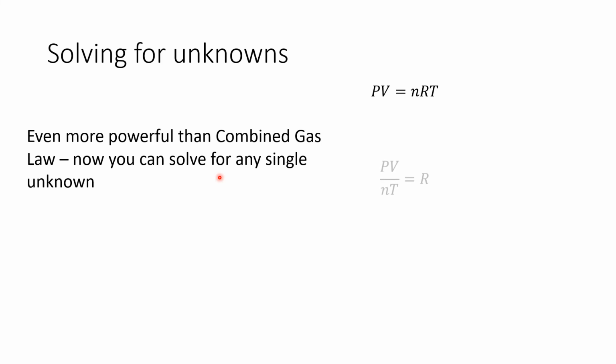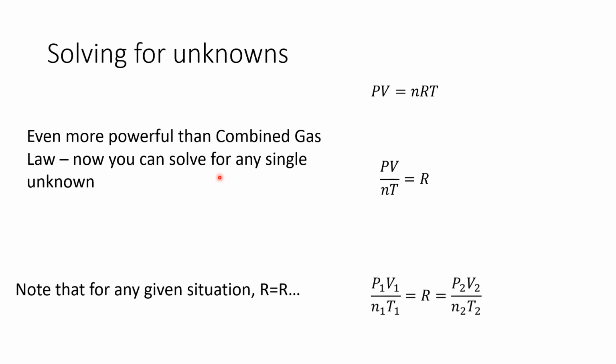The trick is that you can solve this equation for R. PV over nT is equal to R. And then if you change your conditions in your reaction or whatever you're doing, PV over nT is still going to be equal to R. It's just that you've got a new situation.